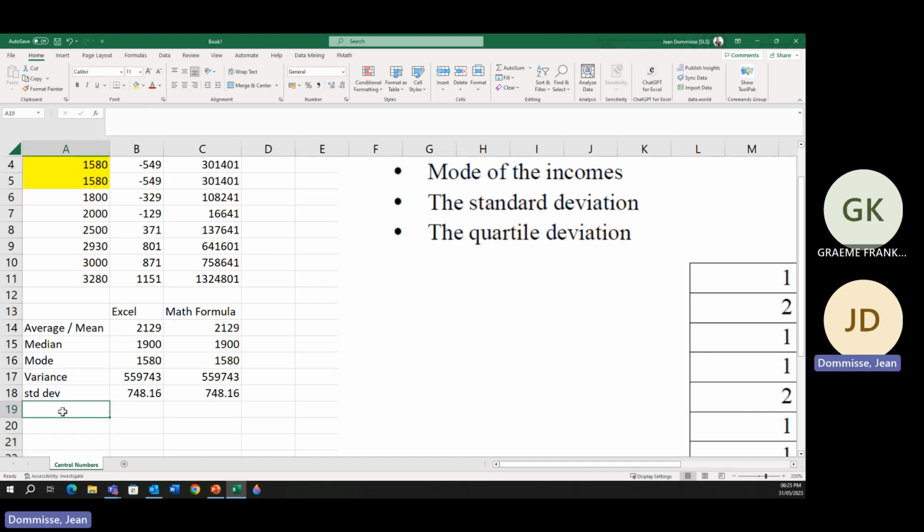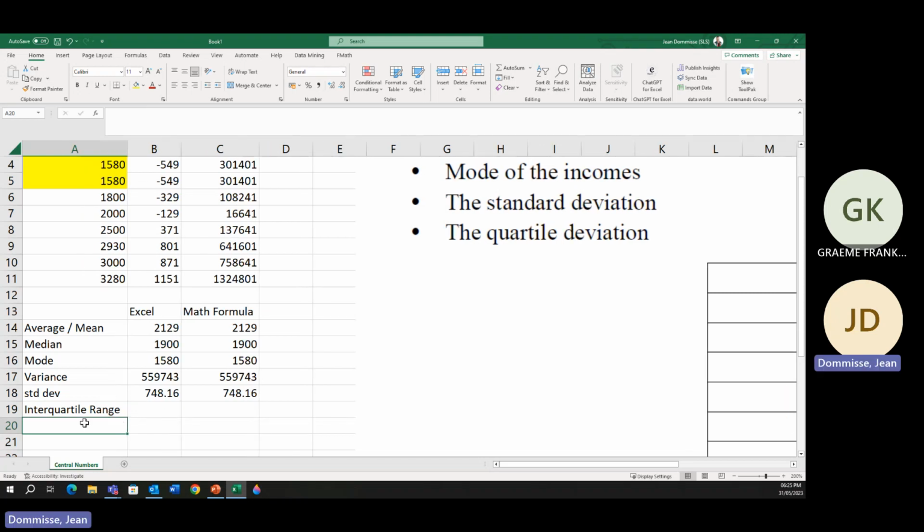Okay, so this is a weird one, quartile deviation. I normally understand it as interquartile range. So interquartile range, that can't be spelled correctly. It's actually spelled right.